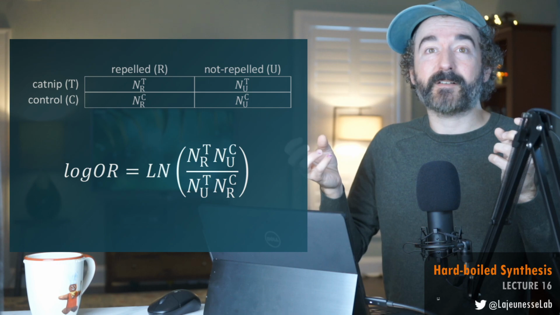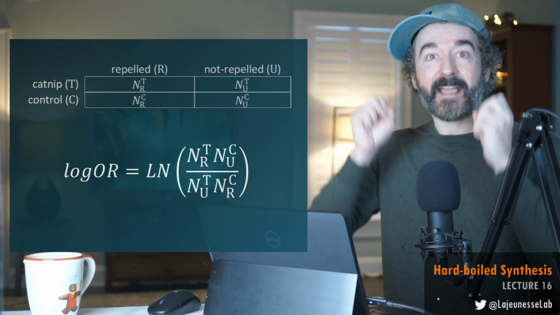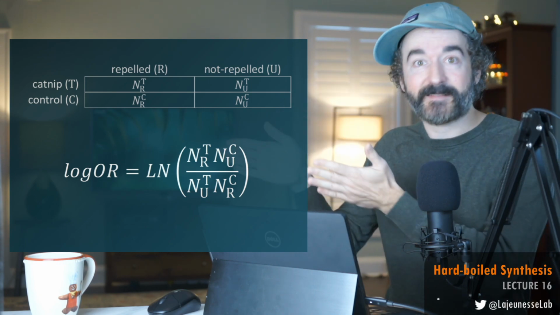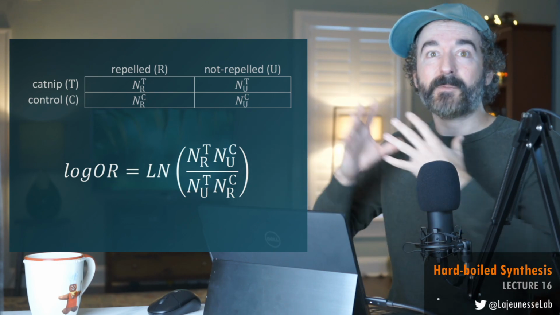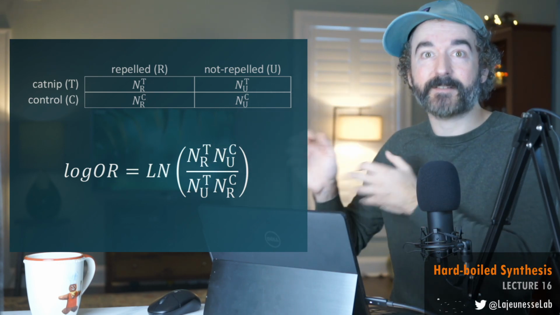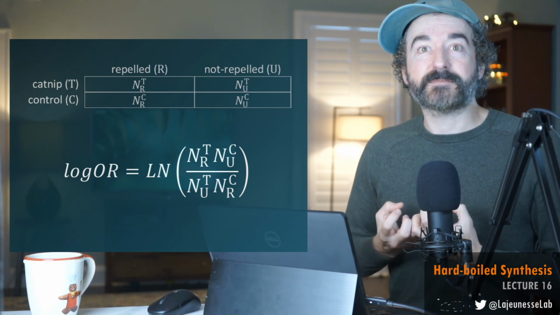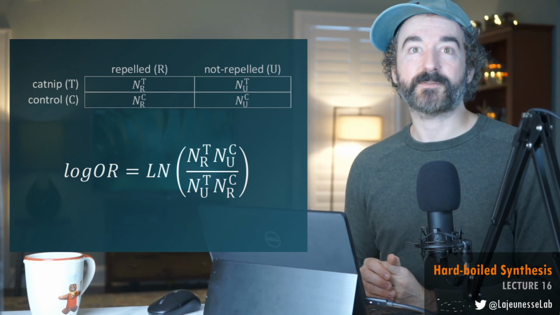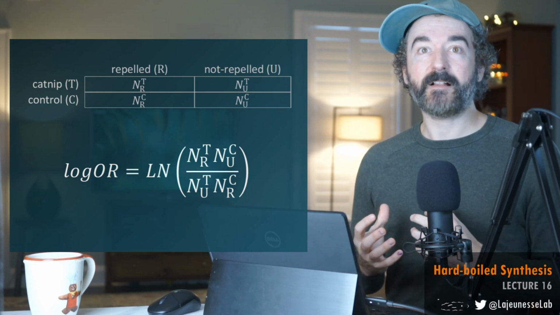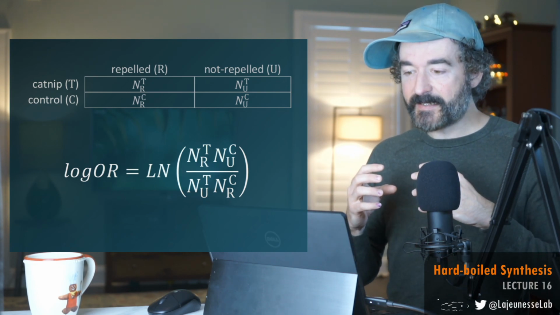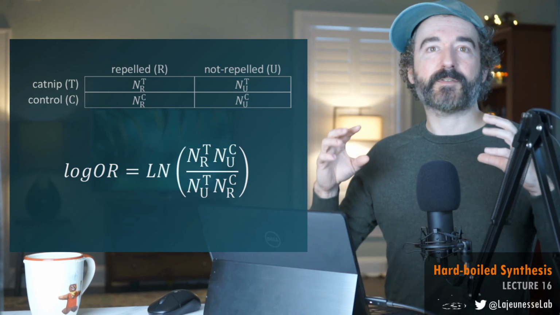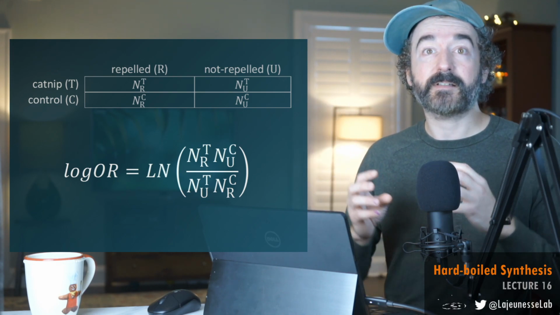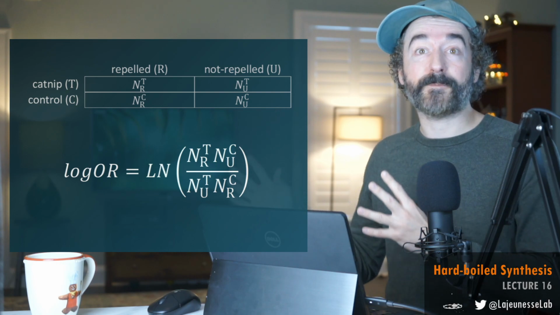Everyone's using different equations with these counts. This is what you need to use. This is what we need to start using as a discipline to report repellency effects: odds ratios. They're just so versatile. The equation seems odd, but there's a beautiful derivation to it. It has a known variance.